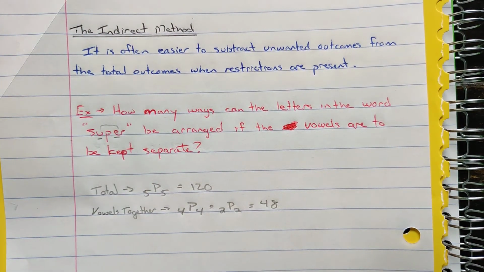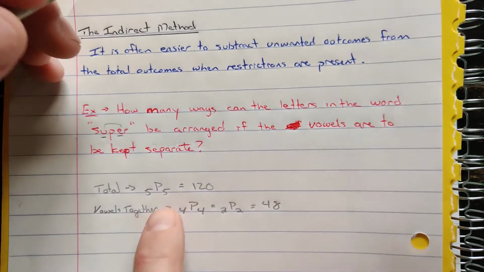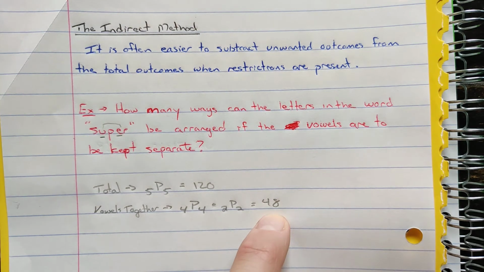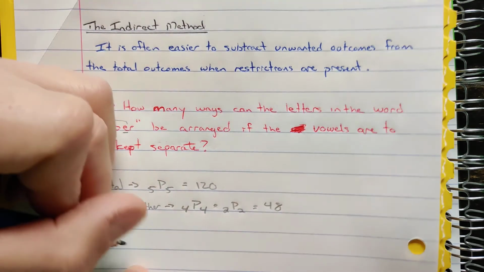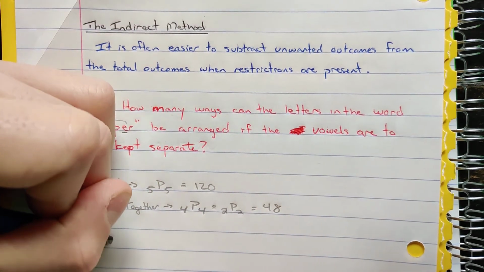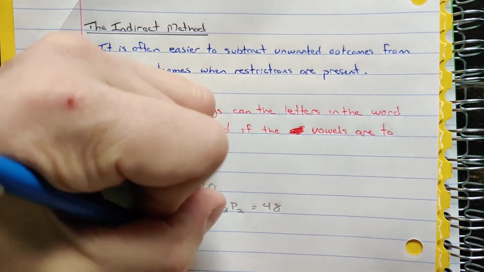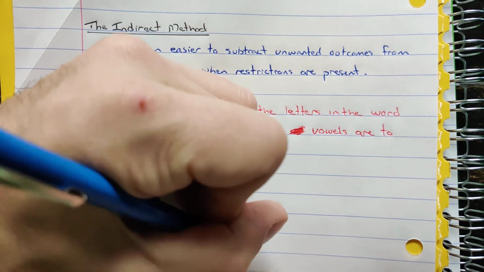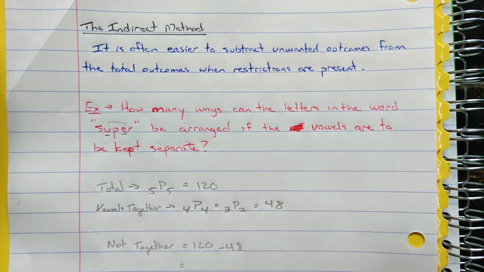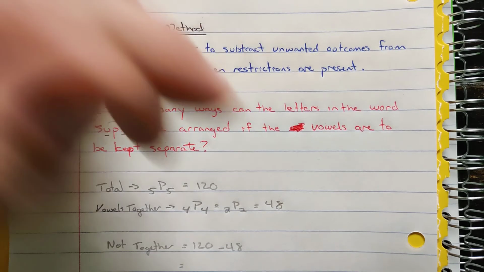Thus, the ways the vowels would not be together is the total minus 48, the ways they are together. So vowels not together is 120 minus 48. And then 120 minus 48 is going to give us 72.